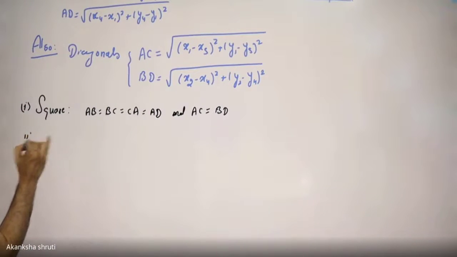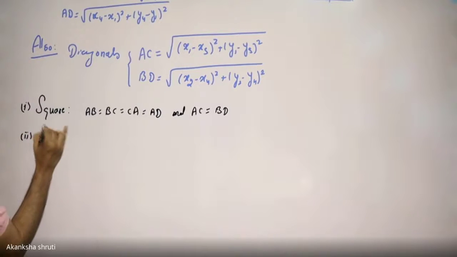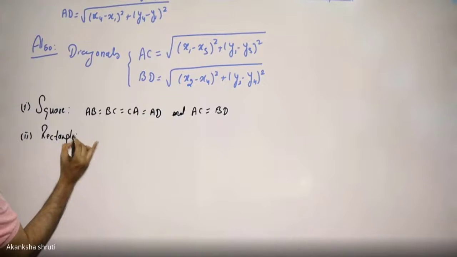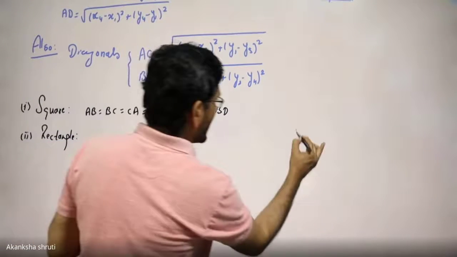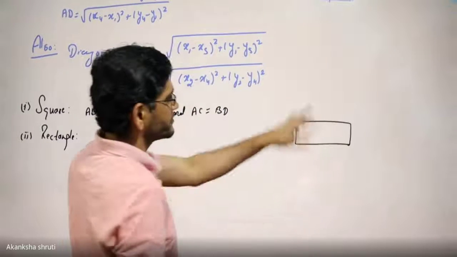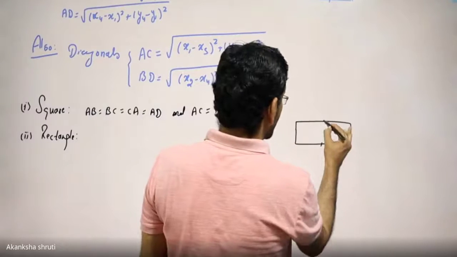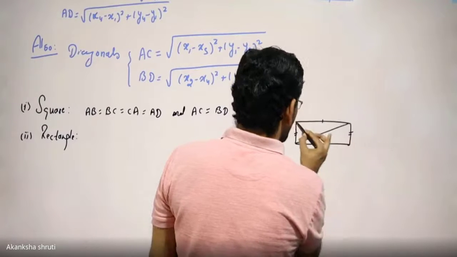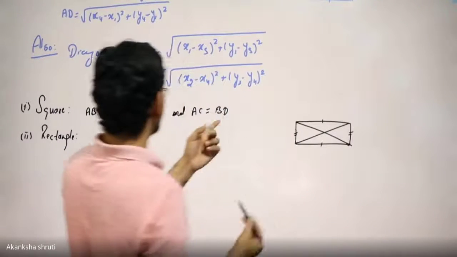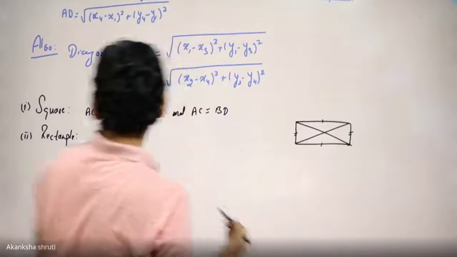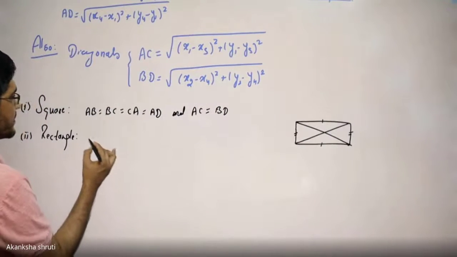Students, the second possibility is it can represent a rectangle. For a rectangle we have learned that the two pairs of opposite sides are equal. Also, the diagonals are equal. So diagonal equality we need to consider, but all four sides will not be equal.